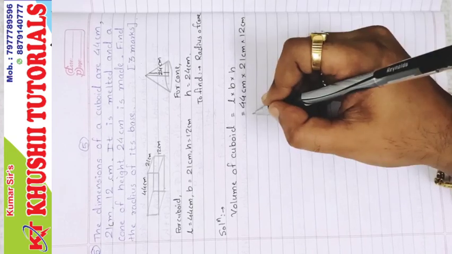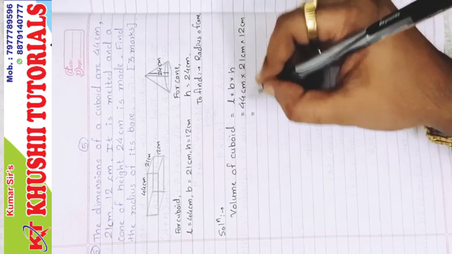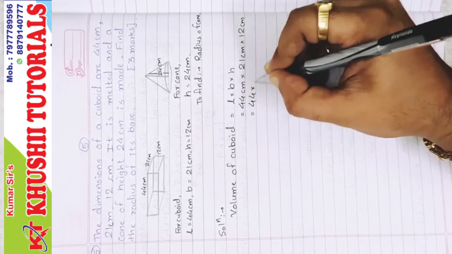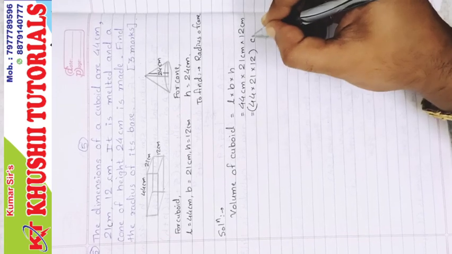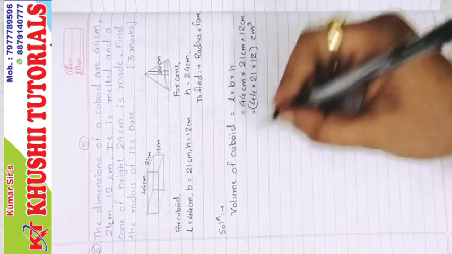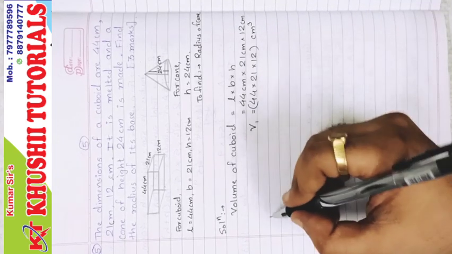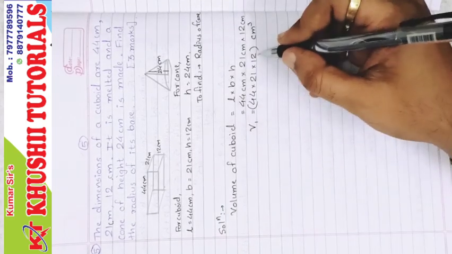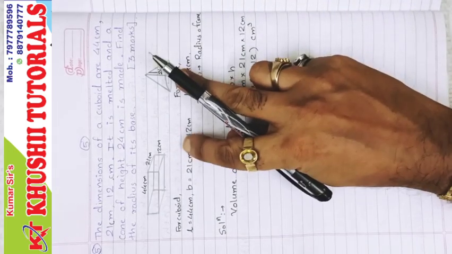If you don't write the unit, that's okay. Now you don't have to multiply this, you can write just 44 into 21 into 12 centimeter cube. This is volume of cuboid, V1. Why are we not multiplying? Because finally we are going to cancel. This will come in ratios.